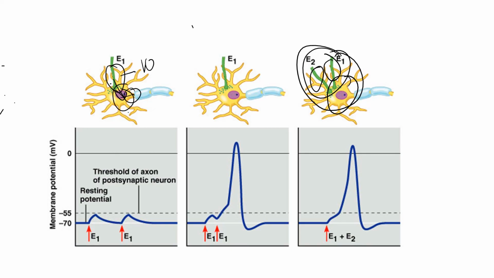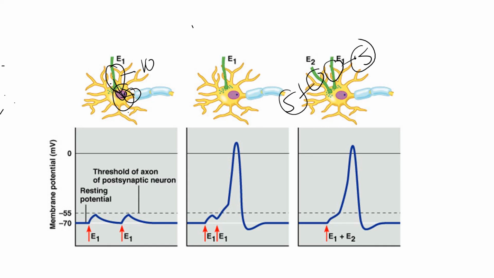Okay, if presynaptic neuron number one there could fire 10 times over the course of a second, then the postsynaptic neuron will actually generate an action potential. We'd call that temporal summation. But over here, what would each one of these have to do over the course of a second? They each only have to fire 5 times per second if they're working together to allow the postsynaptic neuron to get to threshold.